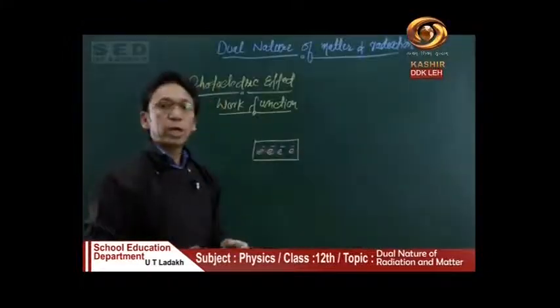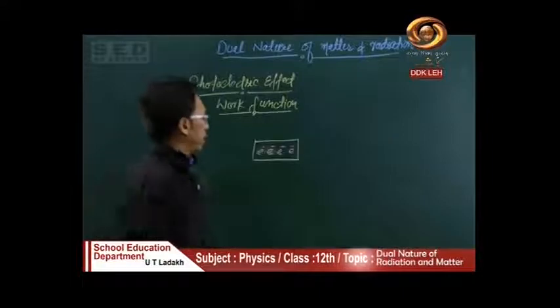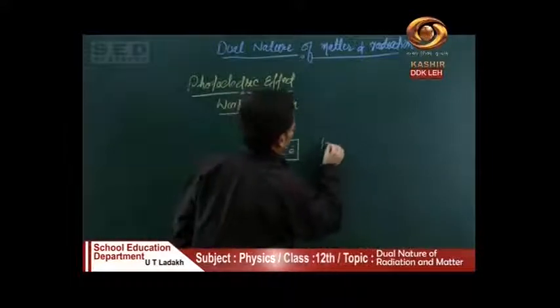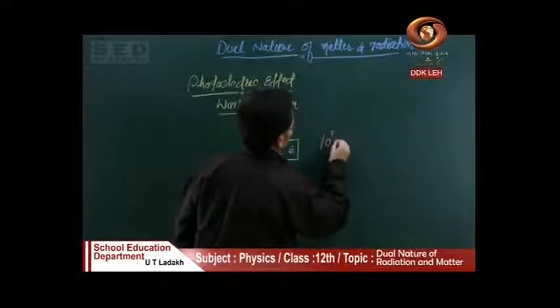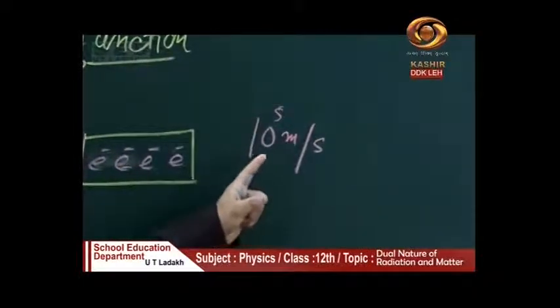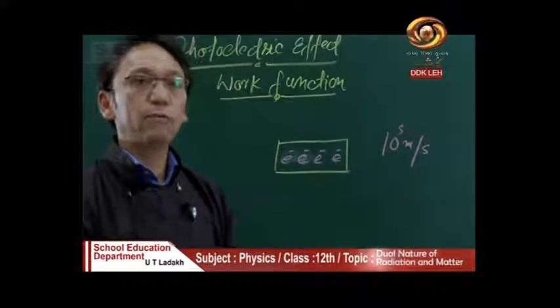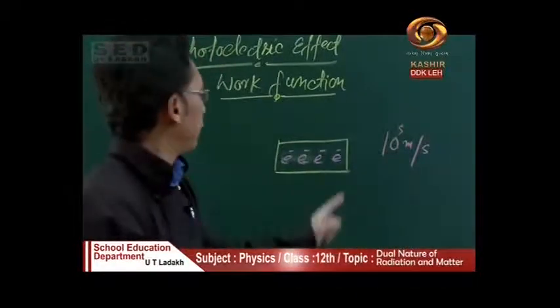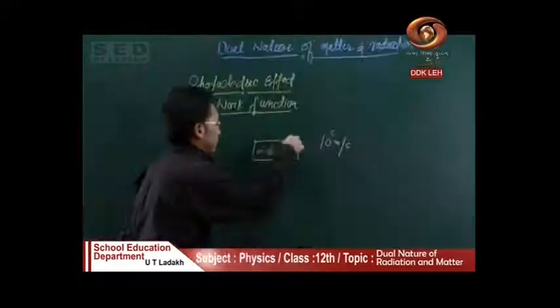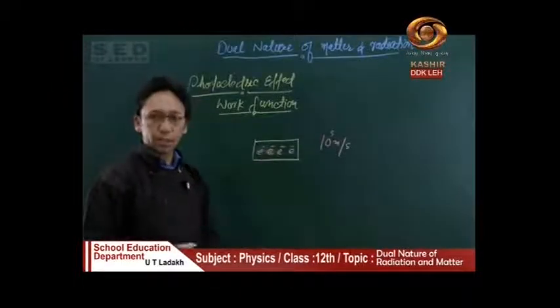These free electrons, even at room temperature, move with a velocity of 10 raised to power 5 meter per second. This is very, very high speed, about 1 lakh meter in 1 second. With this speed, they are moving inside this metal in a zigzag direction.